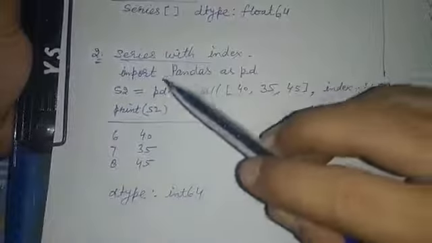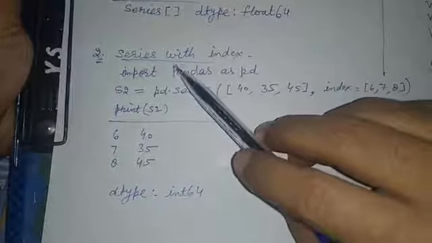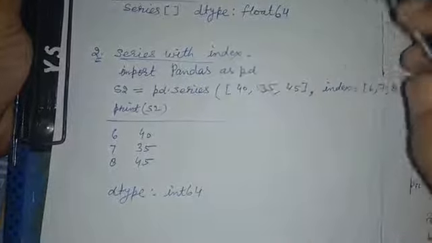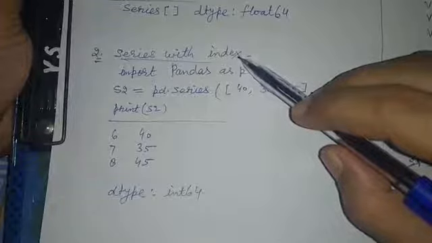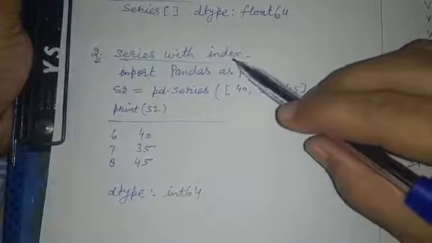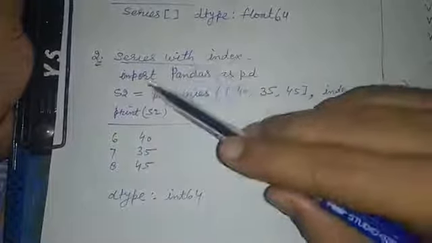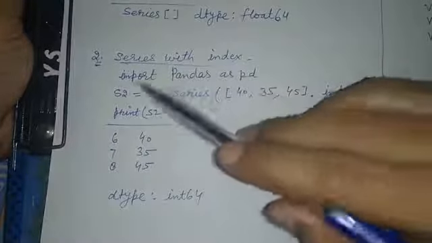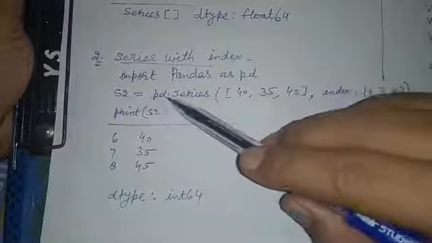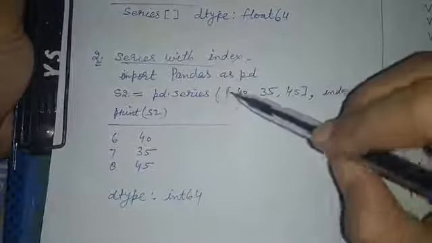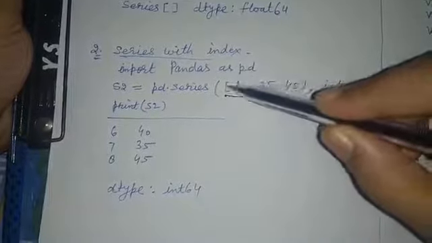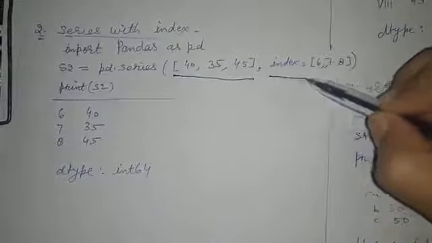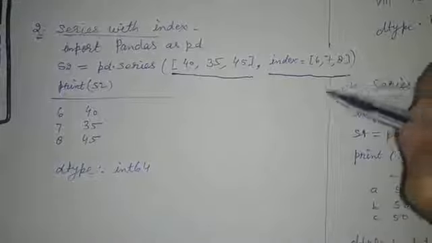Next, series with index. This time we will create a series with our own defined indexes. Import pandas as pd. s2 is equal to pd.Series. The first argument is the data in the form of a list, comma. The second argument is the indexes defined by us.